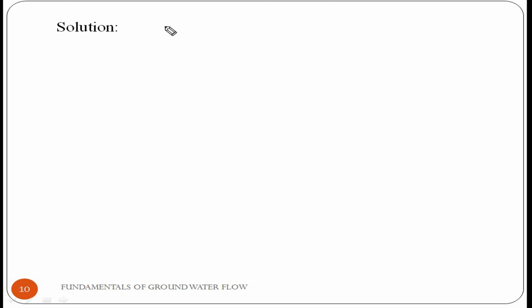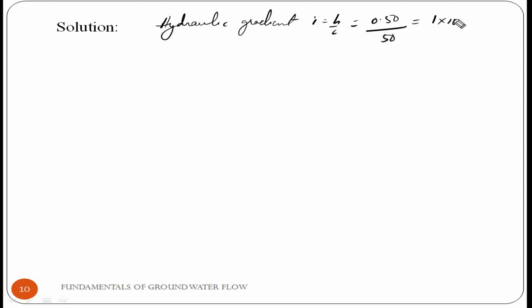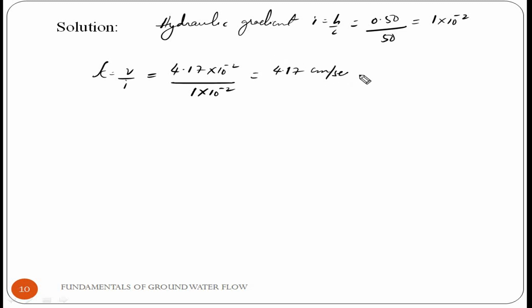So the hydraulic gradient I is equal to H by L, it is 0.50 divided by 50, 1 into 10 to the power of minus 2. Now the coefficient of permeability, that is K, is equal to V by I, 4.17 into 10 to the power of minus 1 divided by 1 into 10 to the power of minus 2, that is 41.7 centimeter per second.